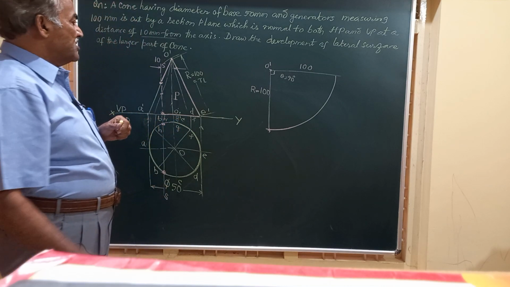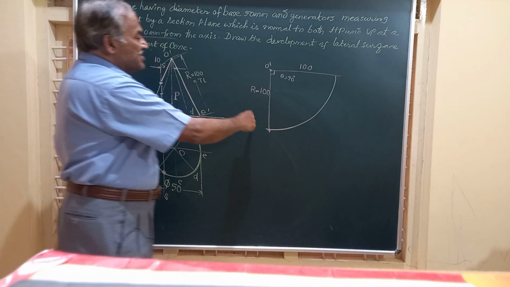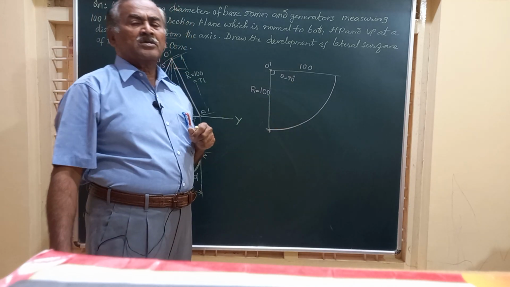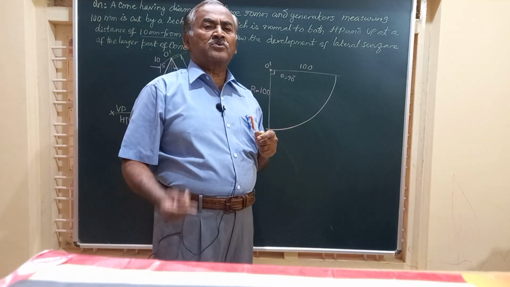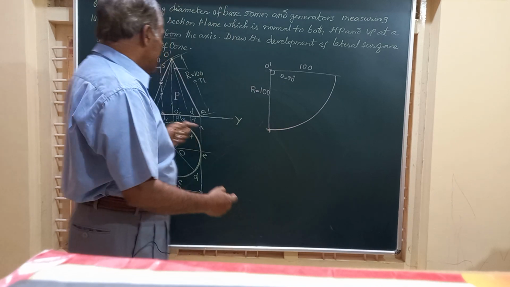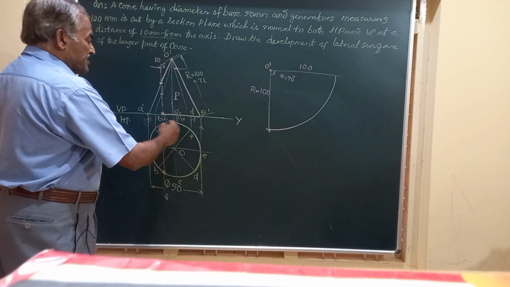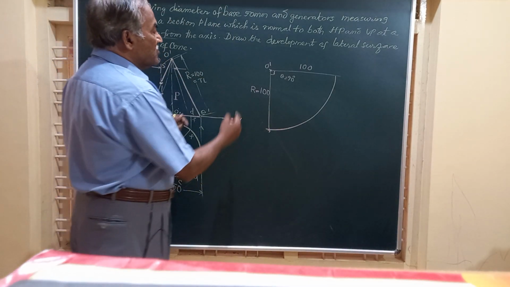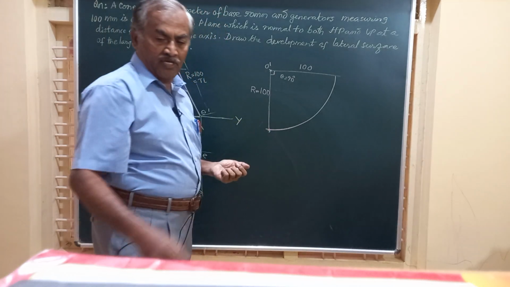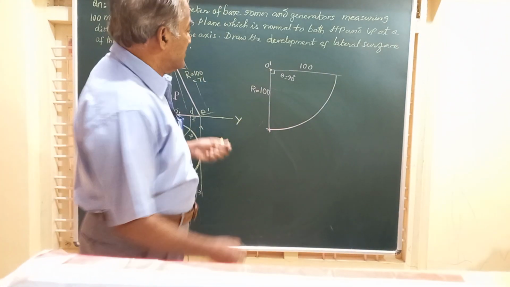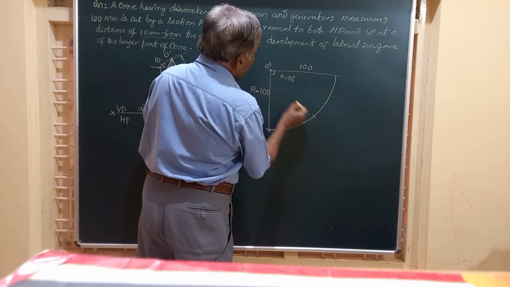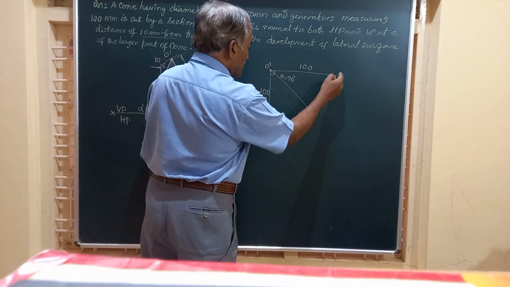Friends, now this angle theta is to be divided into the same number of parts as that of the base. So base has got 8 points. So we have to divide this into 8 equal parts. So friends, do you like this? This is divided into 2 parts.